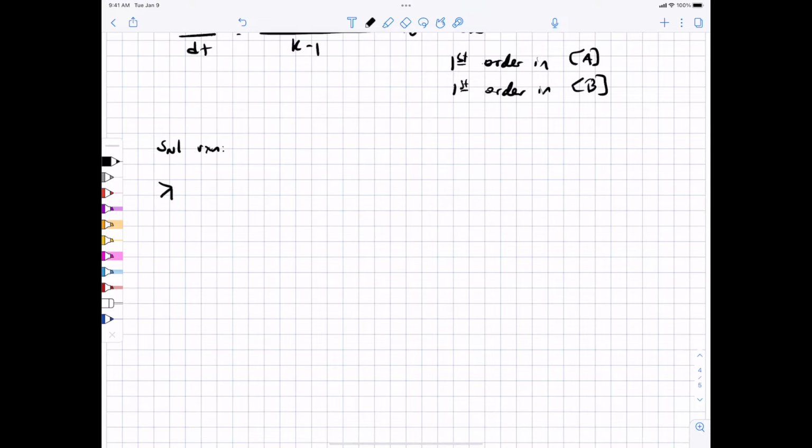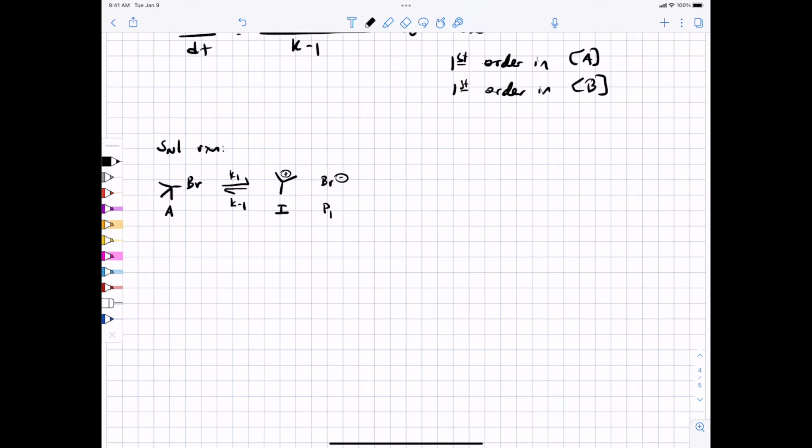Let's use this alkyl bromide, and we will have some process whereby the alkyl bromide becomes the carbocation and Br minus. We'll call this starting material A, intermediate I, and we'll call Br minus maybe product 1.